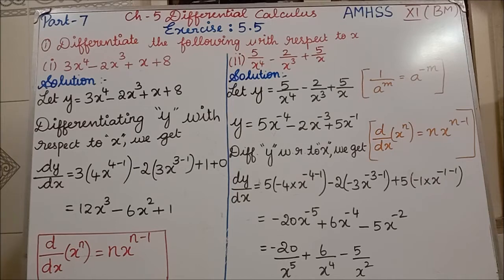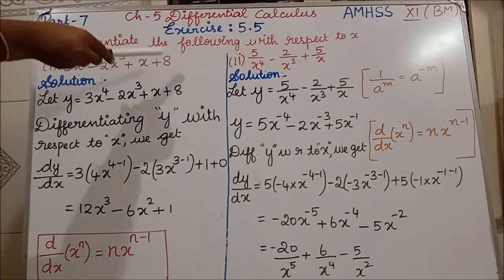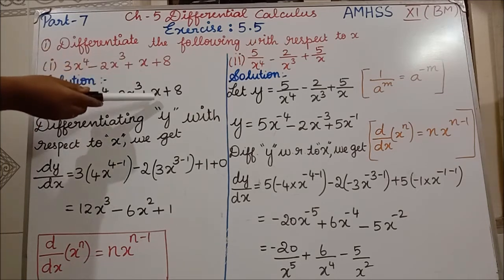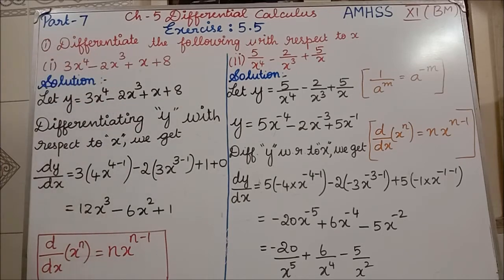This is our formula we will use for most of the problems. First, the given equation you have to consider as y. See, y equal to 3x power 4 minus 2x cube plus x plus 8. We are differentiating y with respect to x. So how are we writing?